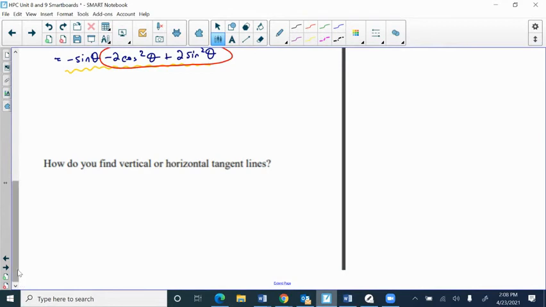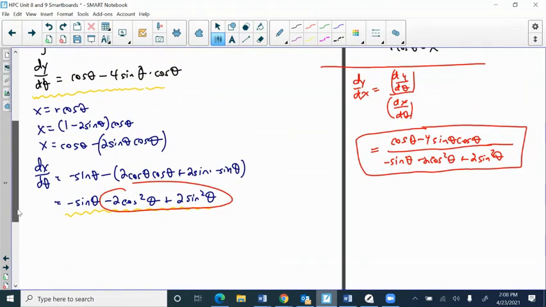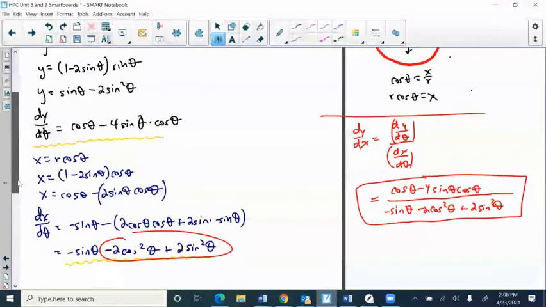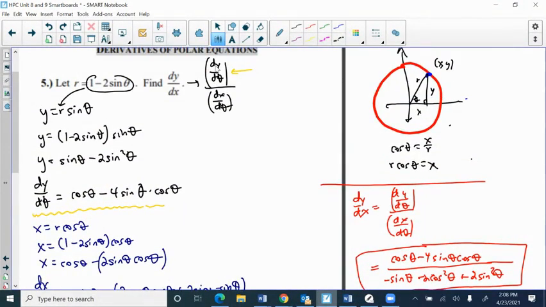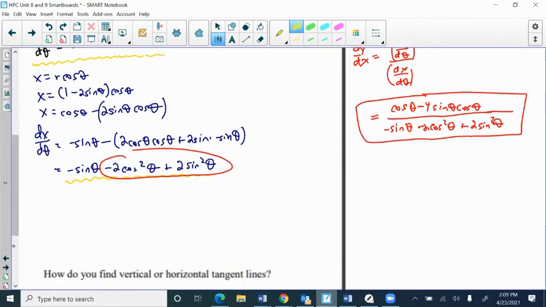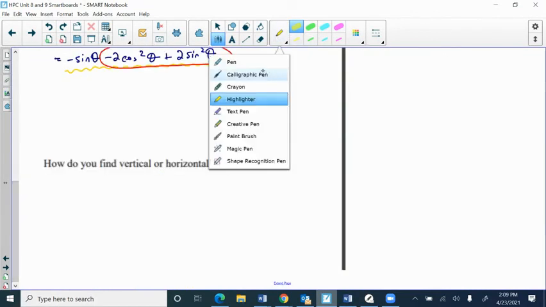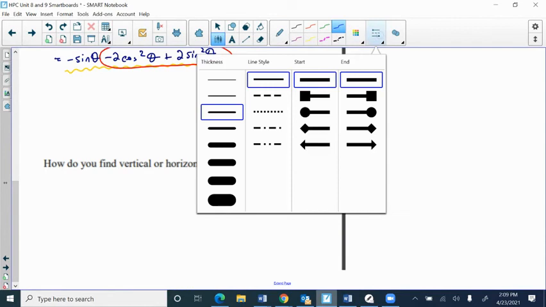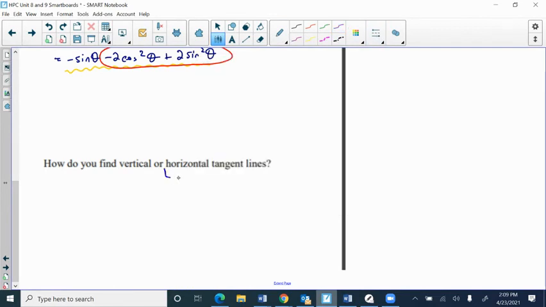If you look at how our derivative is defined, dy/dx is defined as dy/d theta over dx/d theta. If I'm trying to figure out when there's a horizontal tangent line, which is equivalent to having a slope of 0, then I simply look for when the numerator, dy/d theta, is equal to 0. You don't necessarily have to find the entire dy/dx if all you're looking for is a horizontal tangent line.